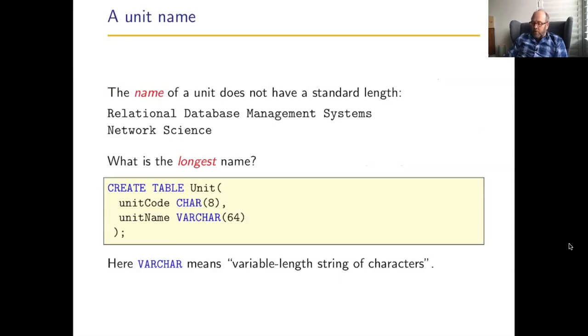Well, in SQL, this is the recommended way of doing it. So varchar means variable length string of characters with maximum length 64. Then SQL knows that it has to set aside enough space to accommodate maybe up to 64 characters.